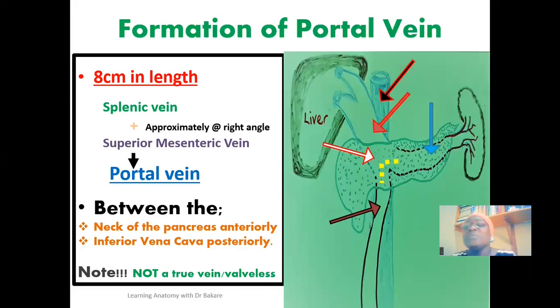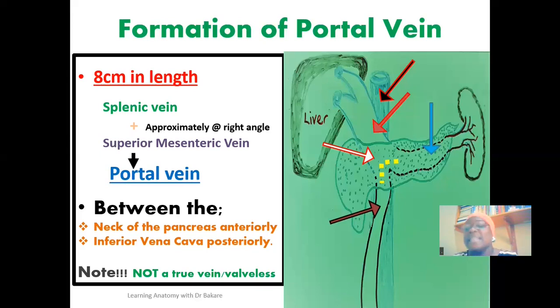It is also seen to be valveless. Arteries generally are seen to be valveless because the blood in the arteries flows under high pressure. So there is no need for the creation of valves. So arteries are valveless, while veins are seen to contain valves because the blood within the veins is flowing under low pressure, and there is need for the creation of valves so that blood can be directed in a single path. And that is why we have valves created generally in veins.